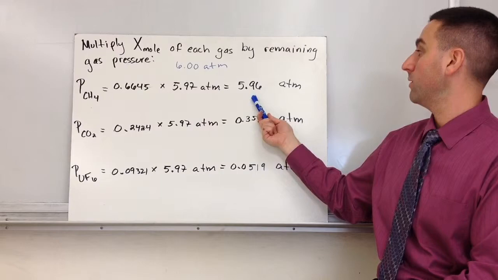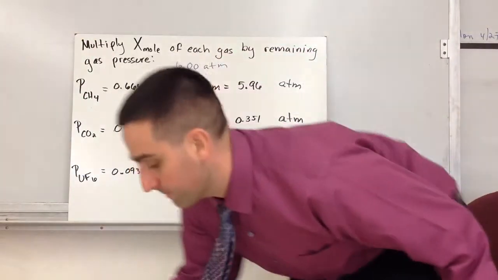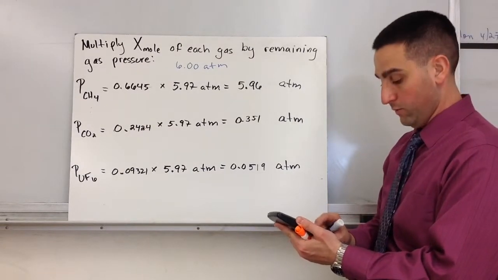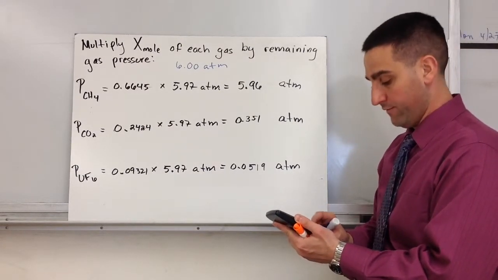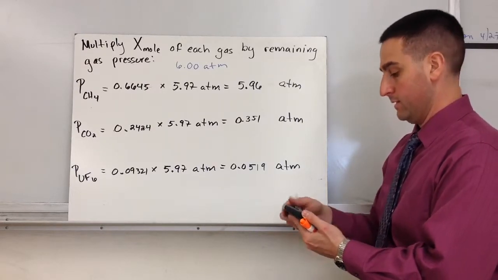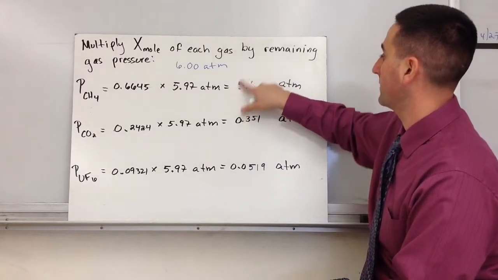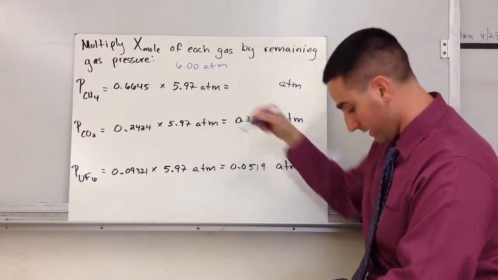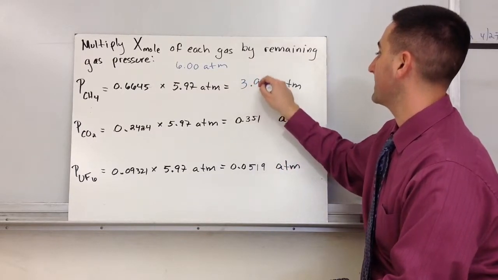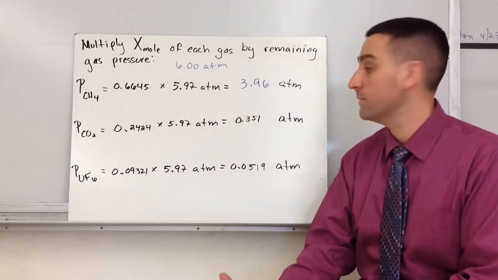Let me redo that because that doesn't sound right to me. Hold on. So 0.6645 times 5.97. That gets us 3.96. I knew something was up. So 66% of this number is 3.96 atm. So that's the pressure exerted by methane in the mixture.